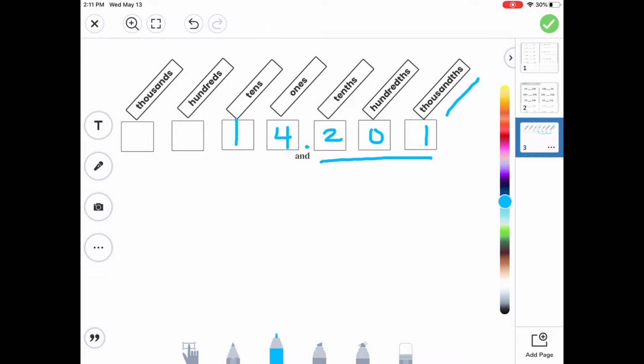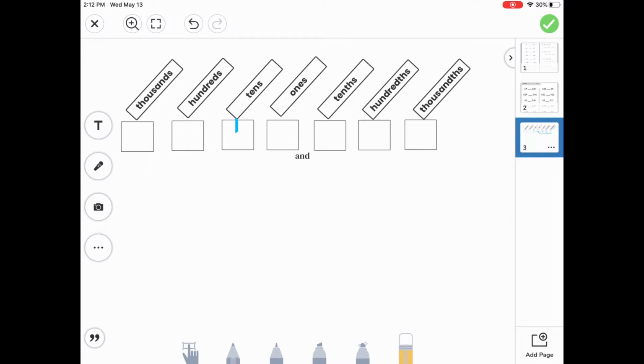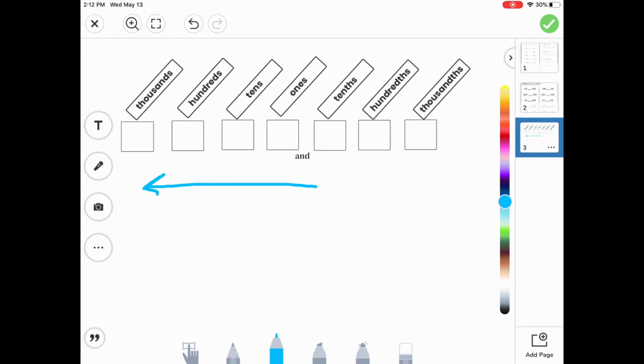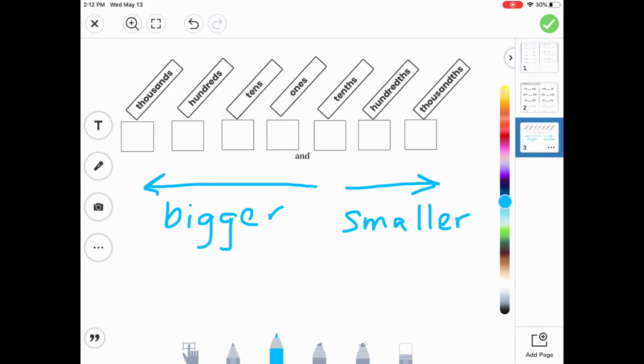Now, when we're comparing decimals, which is what we're going to be doing today, you need to remember that when you're looking at a number line or at place values, like you see here, the farther you go to the left, the more a number is worth, so the bigger a number is. And the farther you go to the right, the less a number is worth, or the smaller it is.